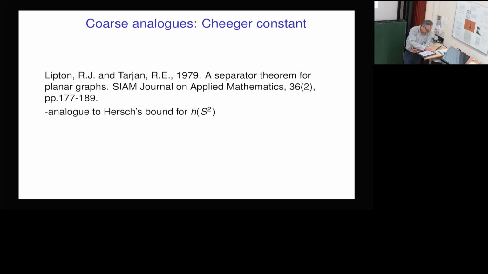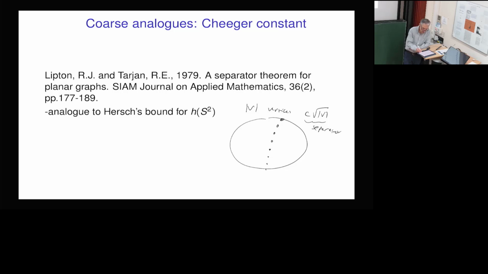So what is a separator theorem? It says that if I have a graph with many vertices, well, there are different versions, then you can separate a big piece of the graph by c square root v vertices.